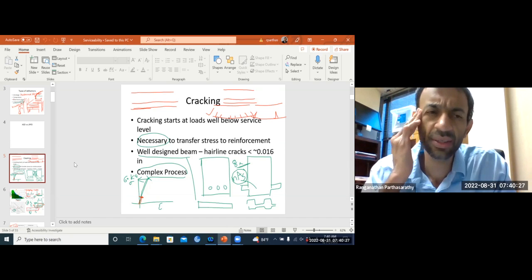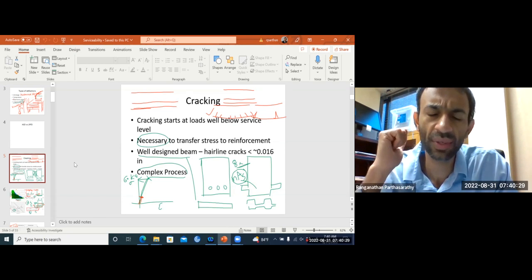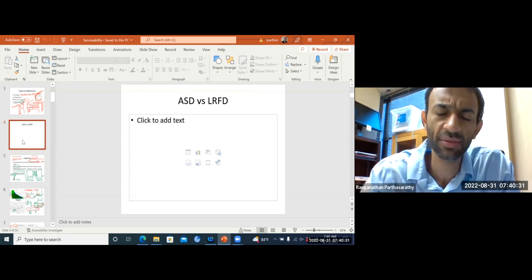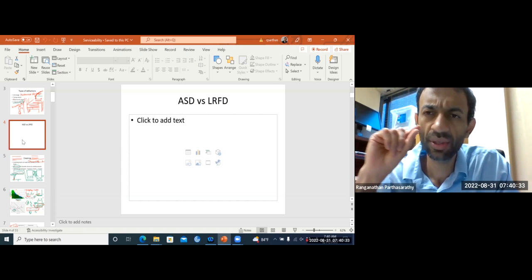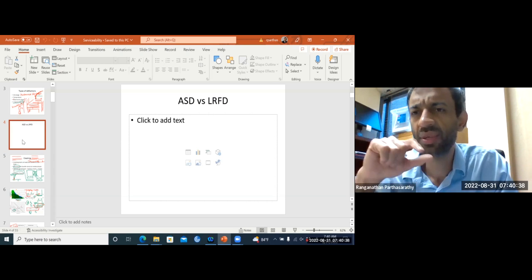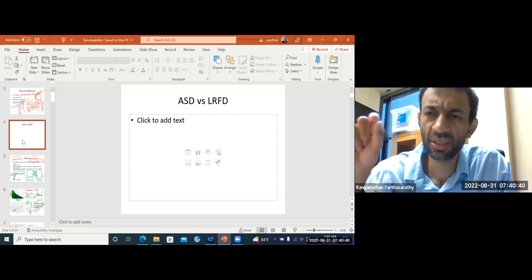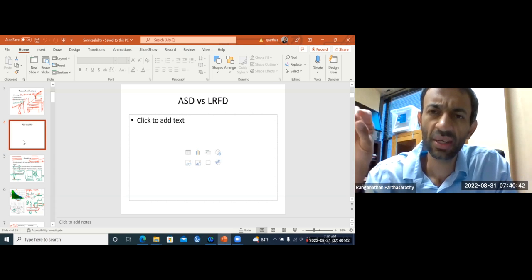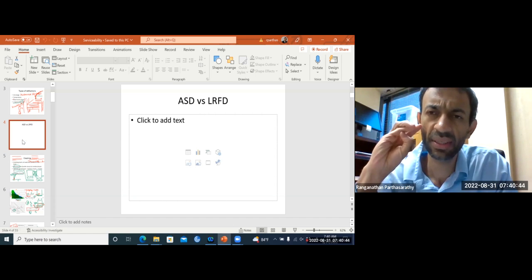Basically, there are two ways of taking care of deflections in LRFD. One is you follow the code specifications for the minimum member thickness. If you provide the minimum member thickness, we don't need to especially calculate deflections.